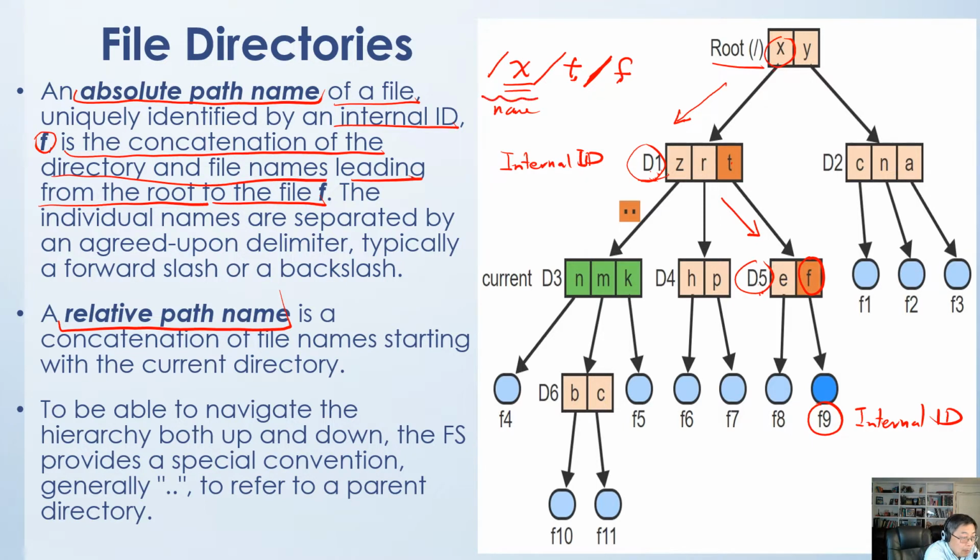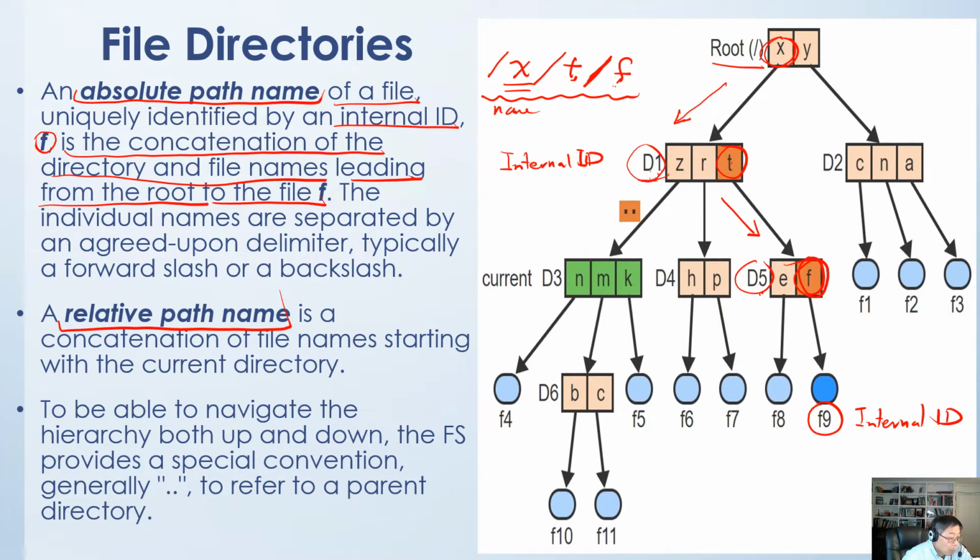Now that's the absolute path. You can access the F using the absolute path name. Remember we don't use the internal ID, we only use the name of the file or the directory.